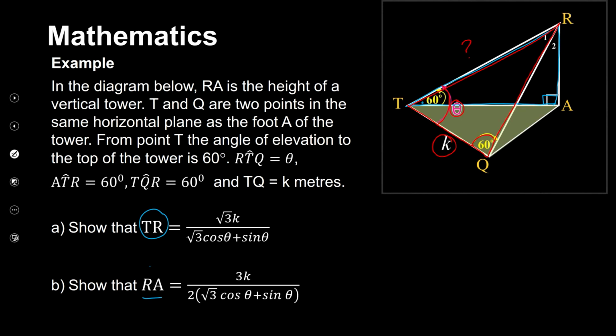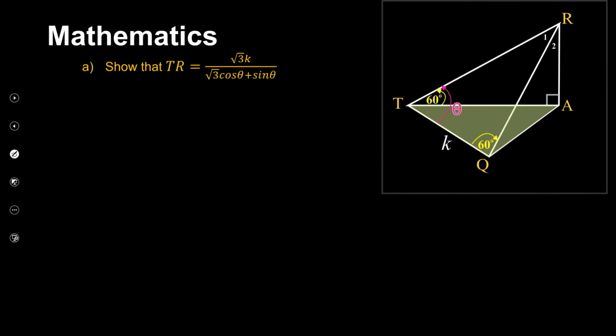Let's look at it again. Because we're using the inclined triangle to find TR, remember the inclined triangle looks like this. We've got theta here at T, and we've got 60 degrees at this point, and this side is equal to K, and we're trying to find TR.